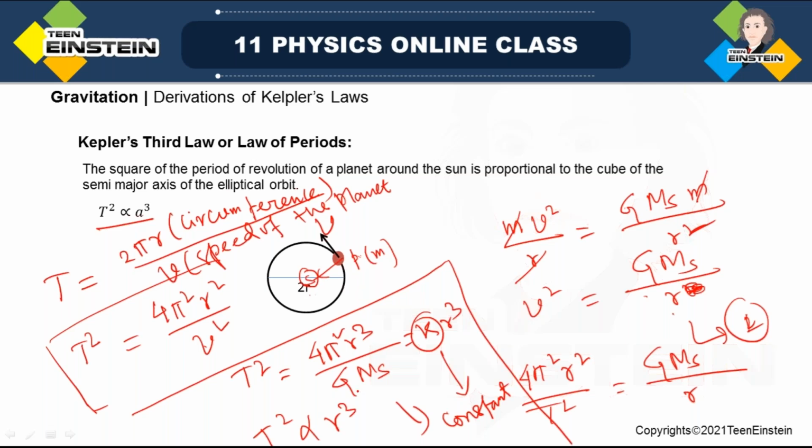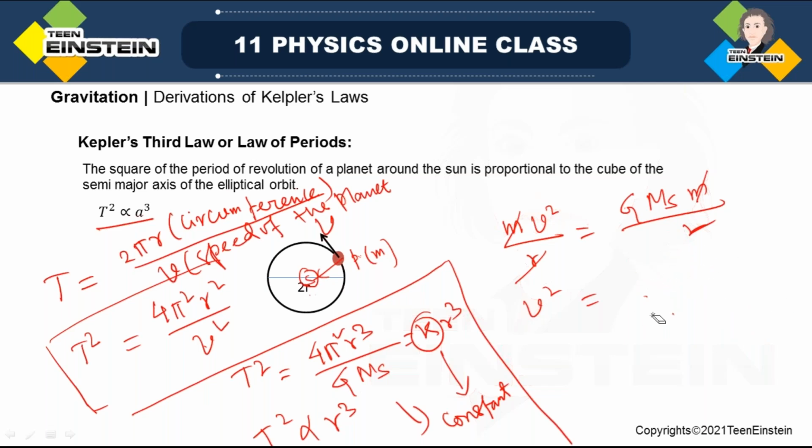Here in this circular orbit, r is the radius, but this result can be equally extended to the elliptic orbit as well. But for that case, the small r has to be replaced by the major axis, the cube of the major axis.